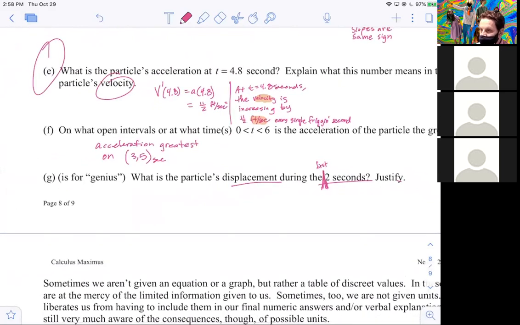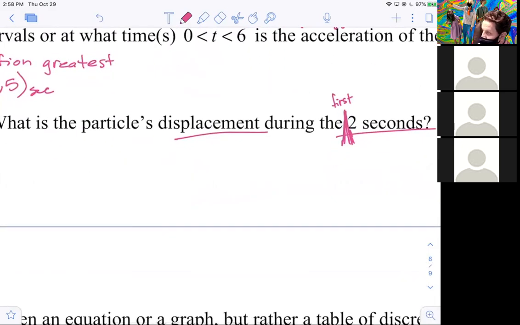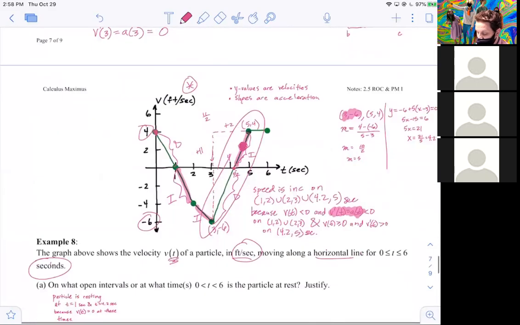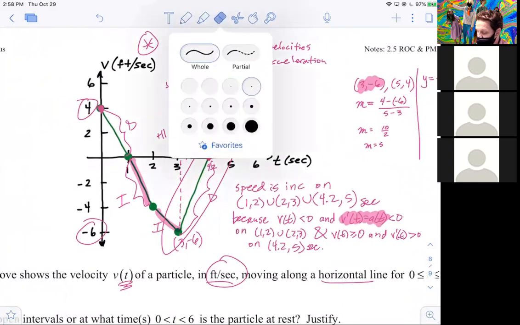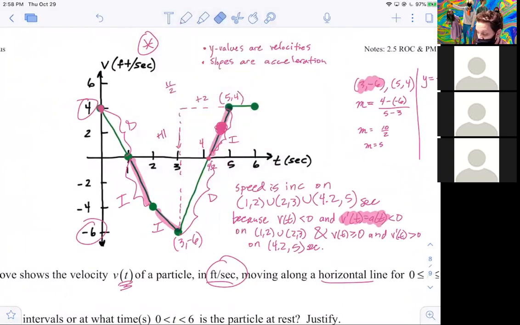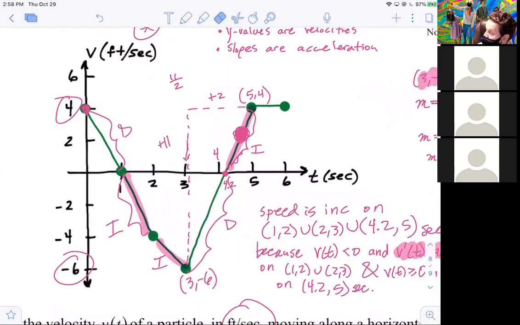What's the particle's displacement during the first 2 seconds? Okay, displacement is just the change in position. So how do we find the positions if all we have is velocity? Well, we kind of alluded to it already, right? What would be the units of displacement? It's a good place to start with the units, feet, right? So stoichiometrically, as we already said, if you have feet per second and seconds, when you divide those, you get feet per second squared. That's acceleration.